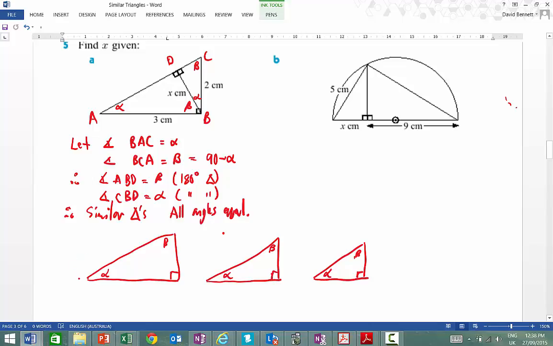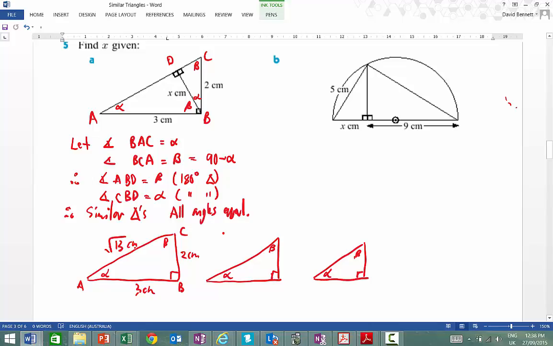Alright, so the first triangle I'm going to draw is the ABC one. Alright, so that's got a side there of 2 centimeters and 3 centimeters, and so therefore I can use Pythagoras to work out that as 3 squared is 9 plus 4, root 13 centimeters.